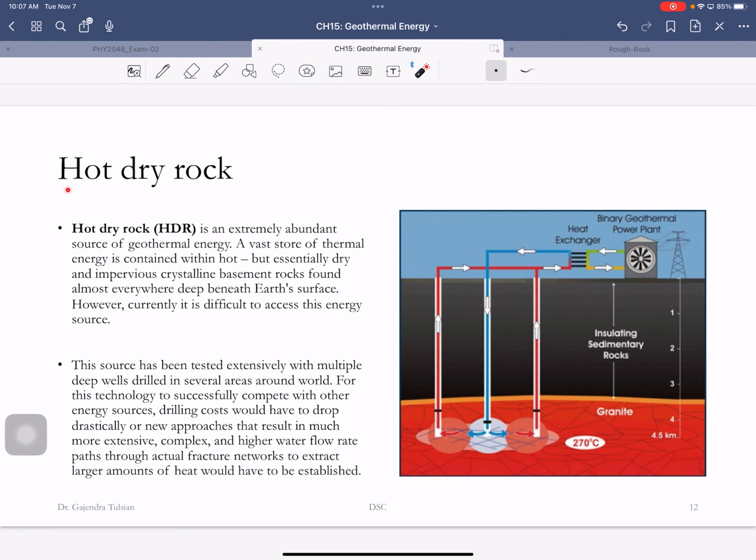All right, so here's hot, dry rock. Here's rock, and this is about 4 kilometers deep. So what you do is you pump down cold water. Hot, dry rock is an extremely abundant source of geothermal energy. A vast source of thermal energy is contained within this hot, but essentially dry and impervious crystalline basement rock.